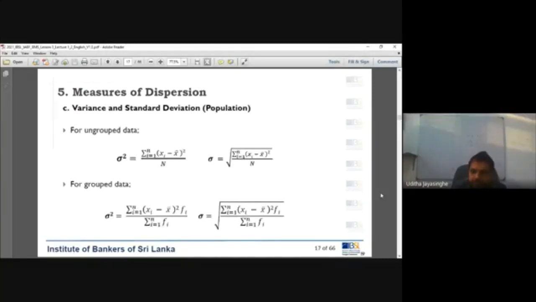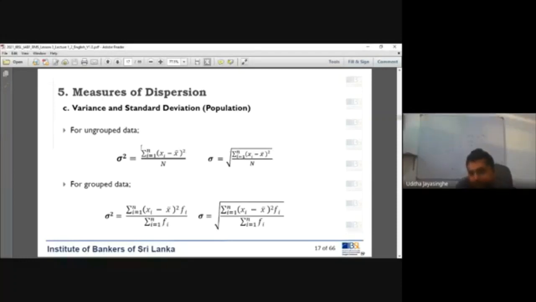The same thing is here. Carefully look, forget about these rho's and s's. For the top part you have the same thing, but instead of this modulus value, now you have the square of the individual differences. So xi minus x bar, so these are -1, -4, -6 in our class example, -5, -4 and -1. Those values you have to square and divide by 5 if it is for the population.